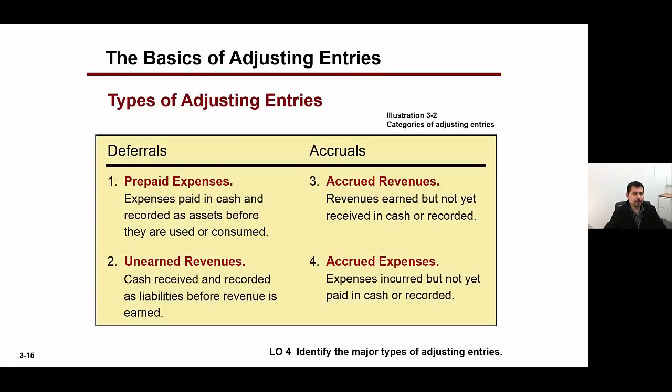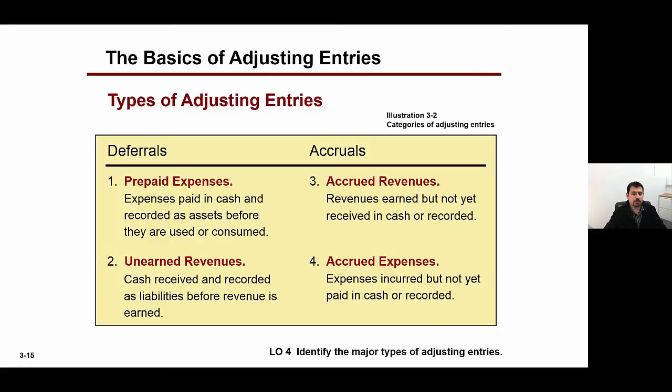There are two main types of adjusting entries. We have the deferrals and the accruals. Deferrals include prepaid expenses and unearned revenues, whereas accruals include accrued revenues and accrued expenses. Accruals, as the name suggests, are an accumulation of revenues or expenses that have not been recorded or recognized yet.